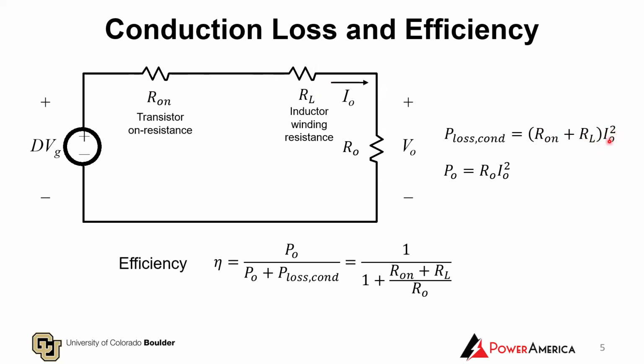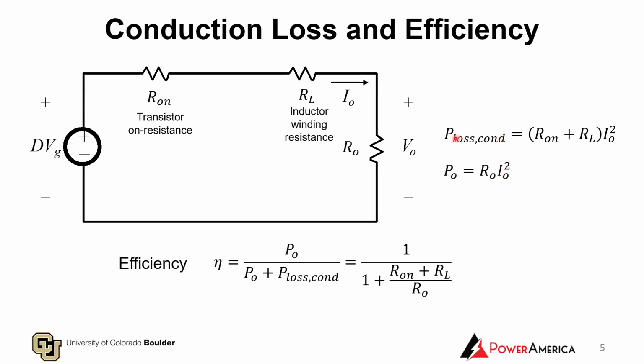So I0 squared. So this is the total conduction loss. Conduction meaning it's loss because of the current flowing through the components in the circuit. The output power, on the other hand, is equal to R0, the resistance of the load, times I0 squared.